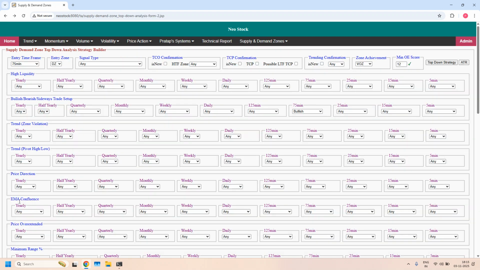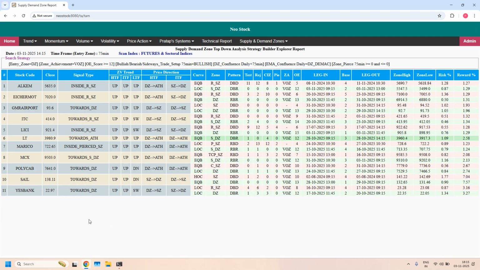So let's further filter based on daily demand zone with daily EMA confluence. So these 11 stocks, as per the first strategy, are having more high probability to get success, provided less than 20 checklist items are satisfied, otherwise higher chances of zone violation.